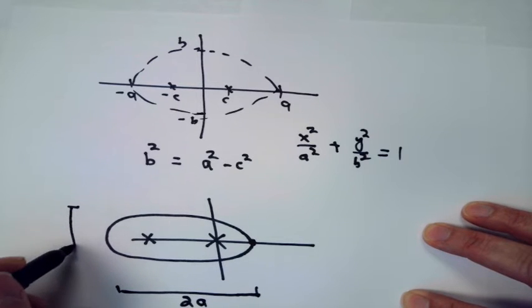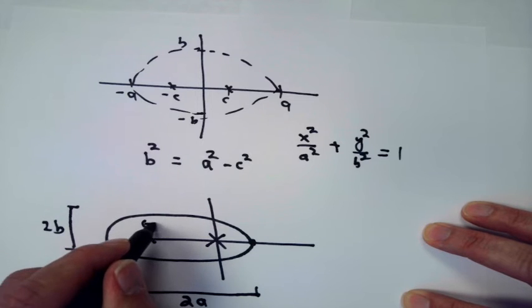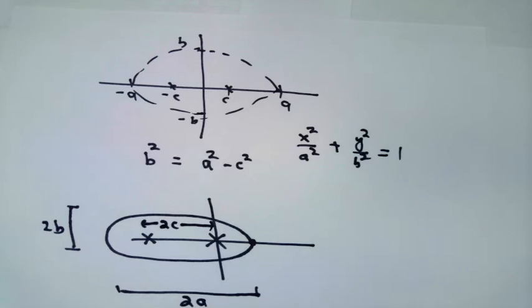Likewise, this distance is still going to be 2 times b, and this distance is still going to be 2 times c. However, since one of the two foci is now at the origin, the x-coordinate of this focus is negative 2 times c.